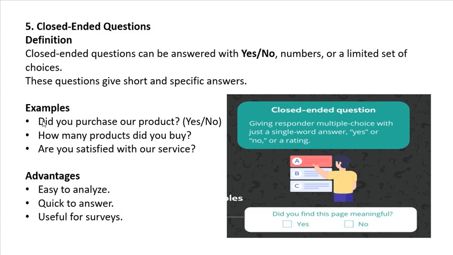Examples: did you purchase our product, yes or no, how many products did you buy, and are you satisfied with our services. The advantages are that they are easy to analyze, quick to answer, and useful for a survey. One question is, did you find this page meaningful, yes or no, and anyone has to answer.